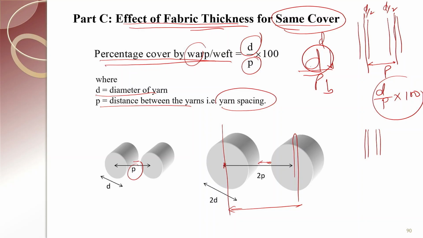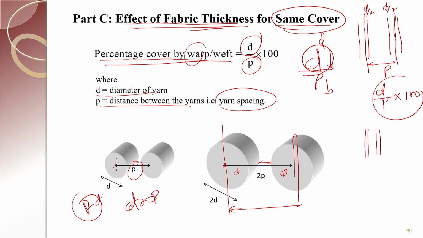So, there is a difference here: P minus d is the spacing.